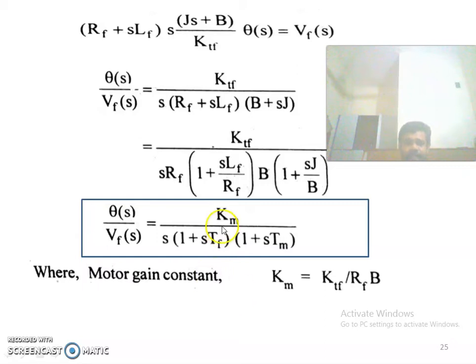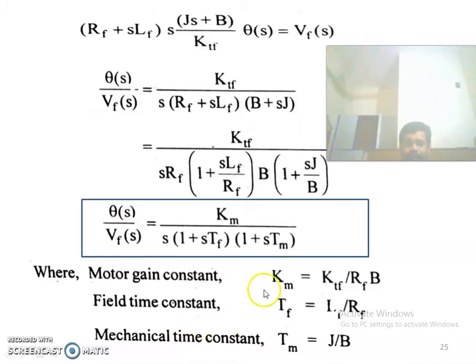Instead of Ktf by Rf into b, you can write it as Km. This Tf is the field time constant, which is Lf by Rf. Then the mechanical time constant Tm is equal to J by B.